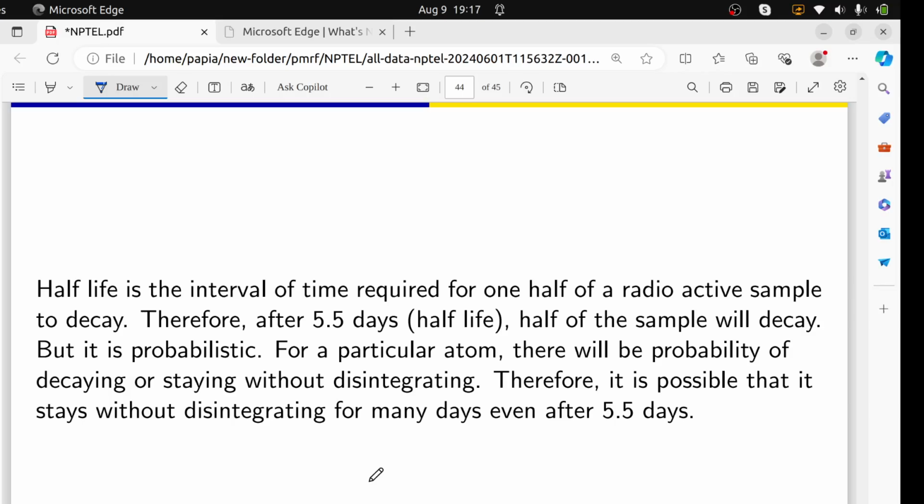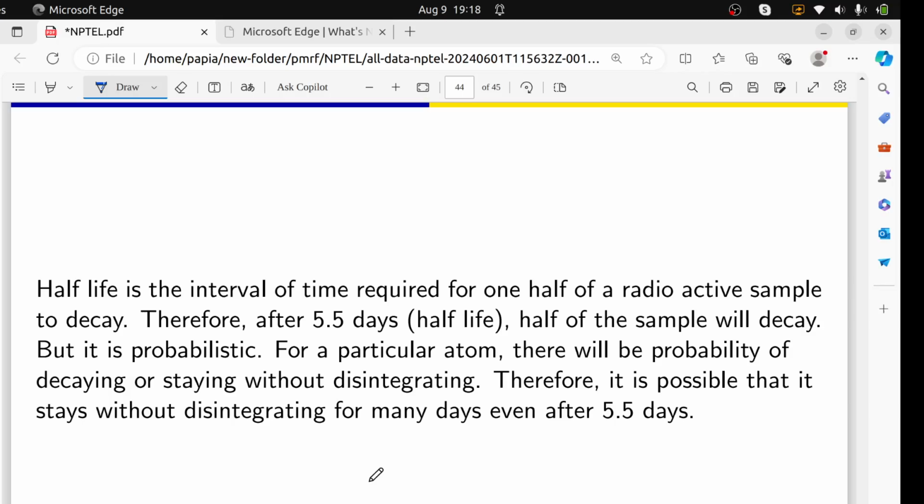Mean life is very similar to half-life, the interval of time required for 1/2 of a radioactive sample to decay. Therefore, after 5.5 days, which is the mean life here, half of the sample will decay. But in this case they are telling that only one parent nucleus is there. So what will happen after 5.5 days and within 5.5 days for this one radioactive element?